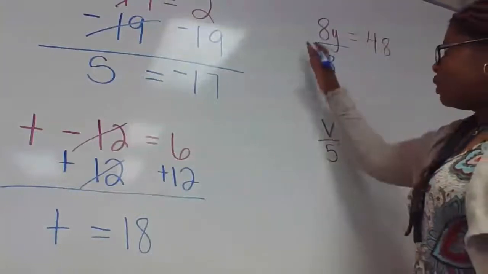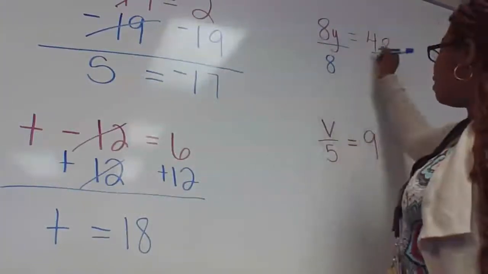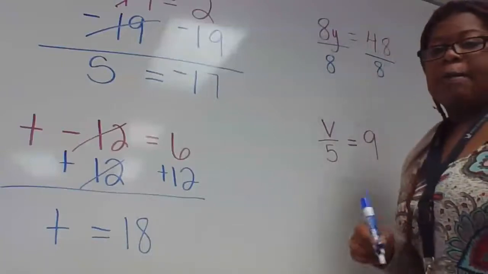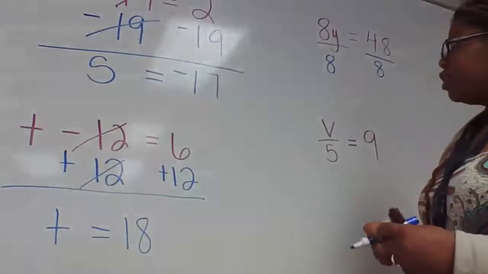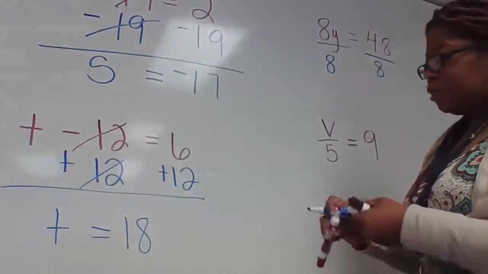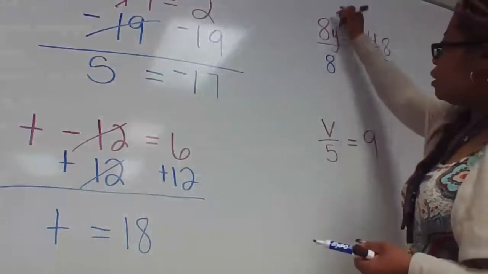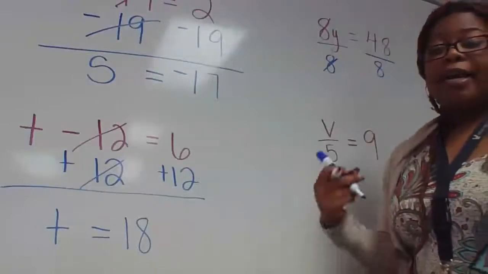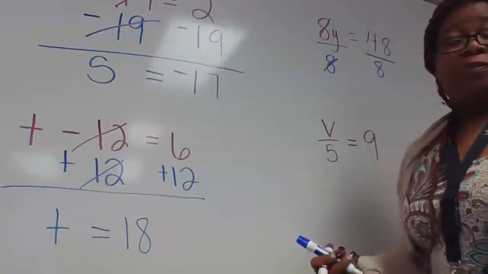Whatever you do on the left side of the equal sign, you have to also do on the right side. So we are dividing 48 by 8 as well. And just as before, once we do the opposite, we are able to cancel culture. This allows the 8s to go away because it is still an inverse operation.